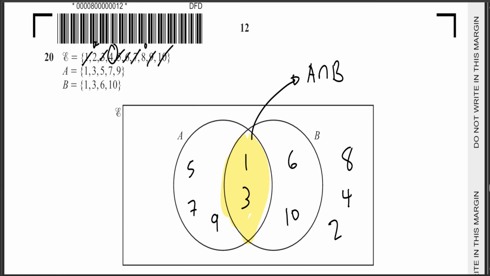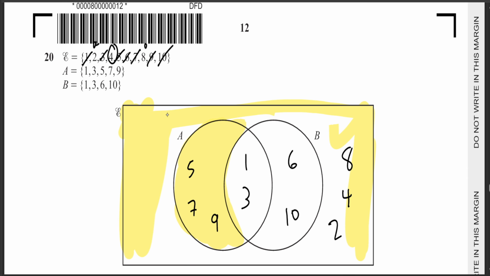That is usually not part of B. The ones that are not part of B include this region here, and also the region which is outside. So all of this region is B complement.